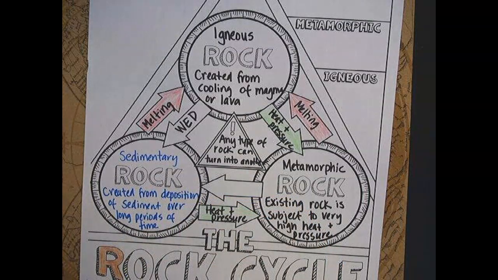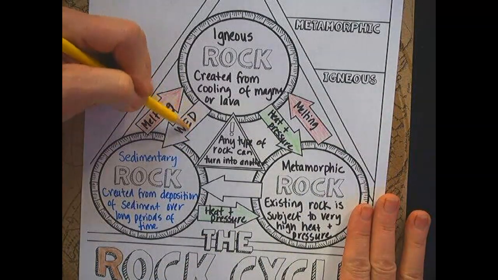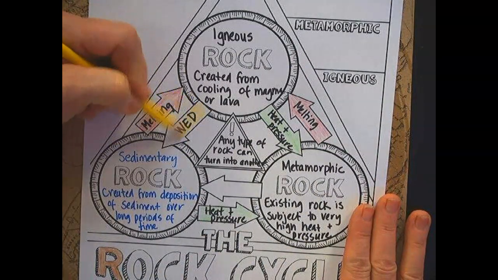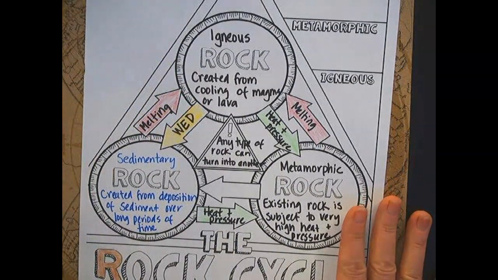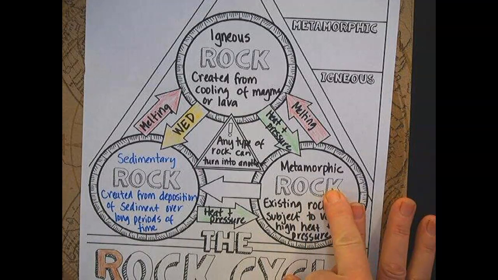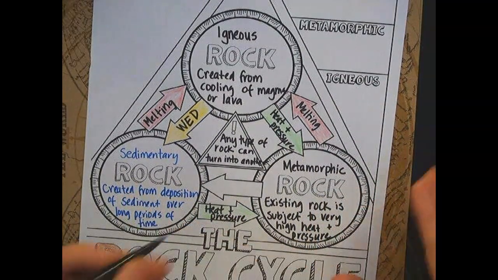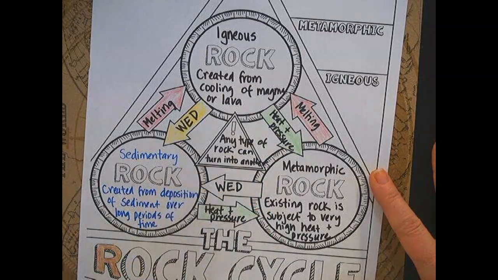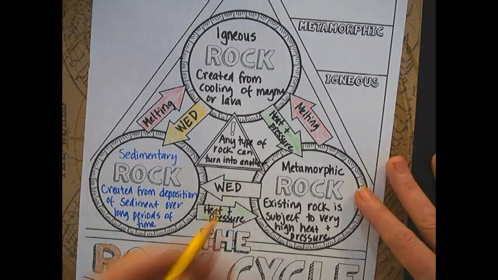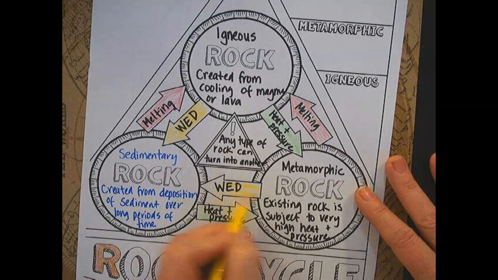And to show this one, I'm going to show sediments as a yellow color. And again, I'm using different colors to show these different processes because there's a lot of arrows going on here. And if I think about metamorphic, to turn into sedimentary rock, I need to weather it, erode it, and deposit it as well, and then I can color code this.